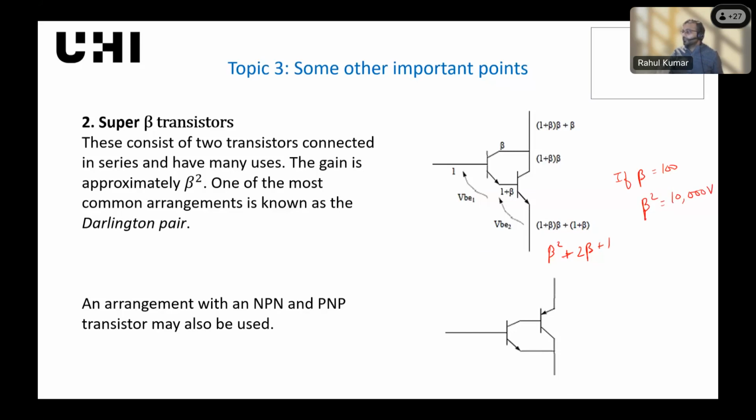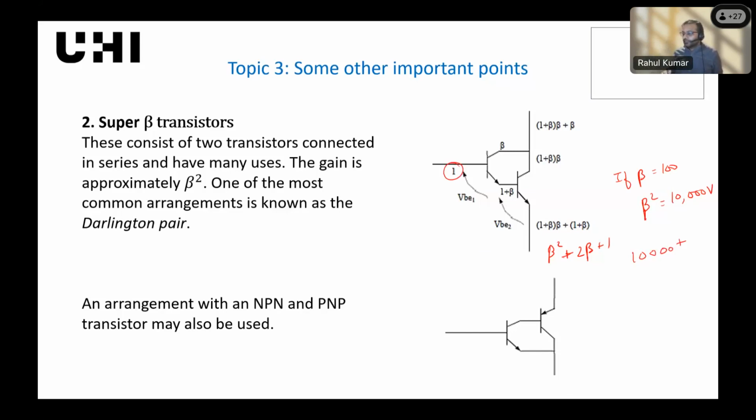So you can see, from 1 unit to more than 10,000 you will get by using a super beta transistor. So these are used in circuits to provide amplification.